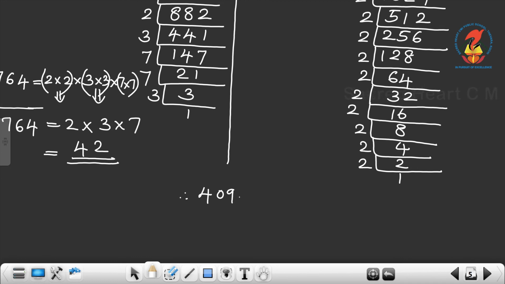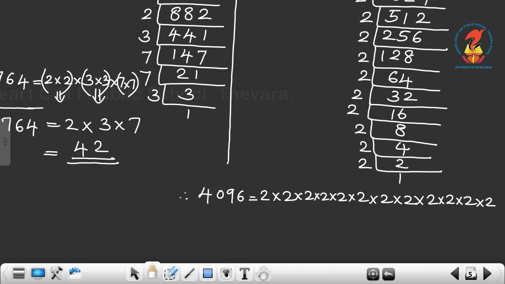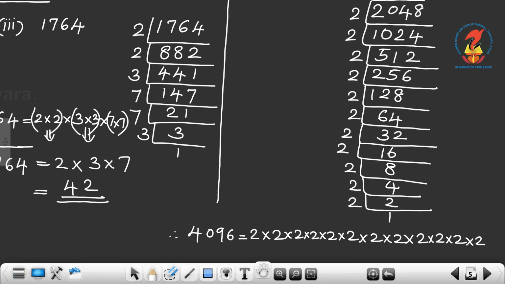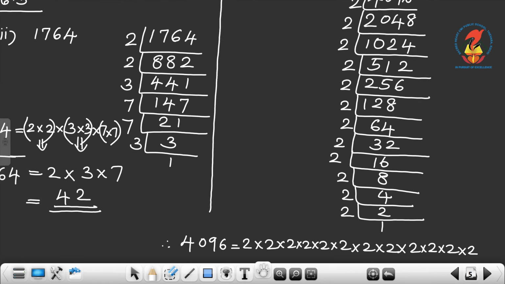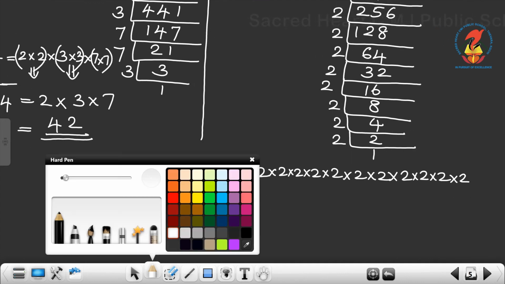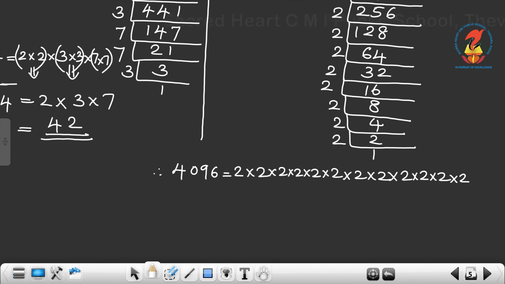Therefore, 4096 equals 12 twos multiplied together. Look here, we have 12 2s: 1, 2, 3, 4, 5, 6, 7, 8, 9, 10, 11, 12.